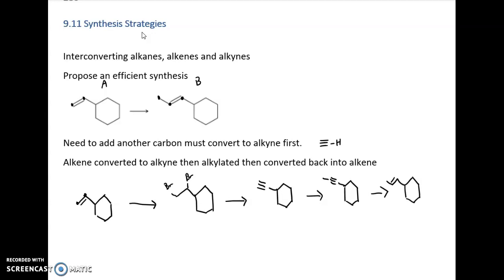Okay, so we need to have the reagents in here. So this one's pretty easy. It's going to be bromine, and we'll do this in a carbon tetrachloride environment. We'll react with sodium amide, then we'll add our methyl group with methyl iodide.